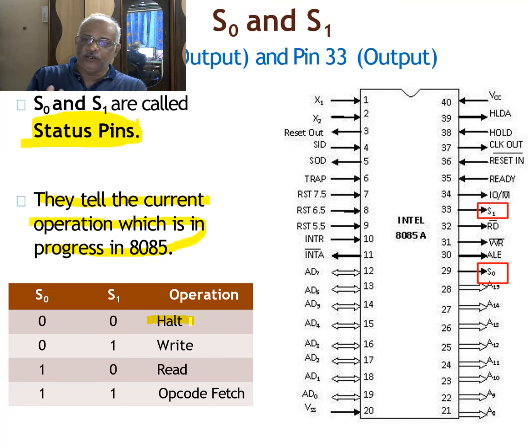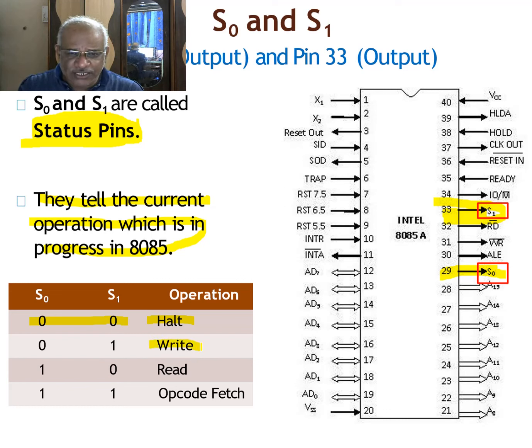So the operation is that the microprocessor is in the halt state, the rest state. So it sends this signal to the outer ICs by generating S0 equal to 0 and S1 equal to 0. Then the microprocessor is in the halt state.